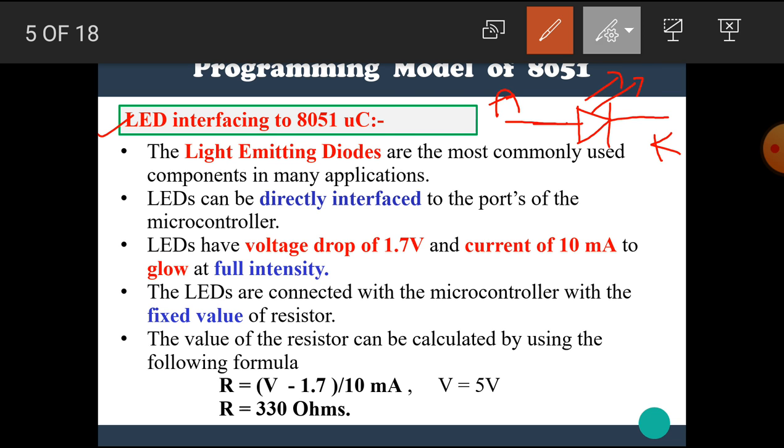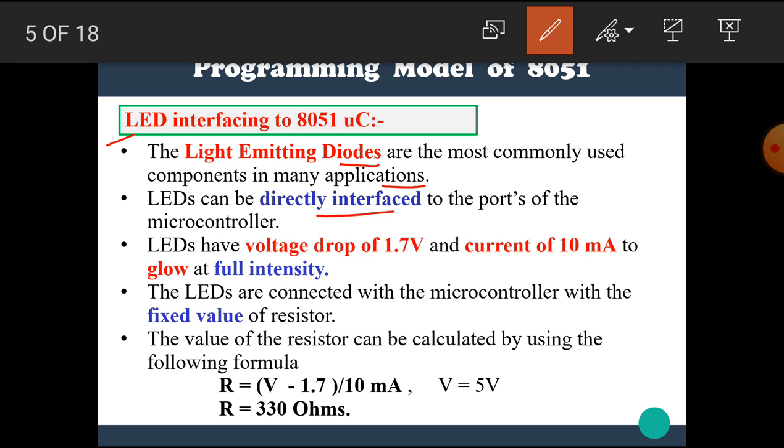I hope you all have the basic idea about the LED and its working. Now, let's start today's topic, the LED interfacing to the 8051 microcontroller. Light emitting diodes are the most commonly used components in many applications. LEDs can be directly interfaced to the ports of the microcontroller. LEDs have a voltage drop of 1.7 volt and a current of 10 milliampere to glow at full intensity.